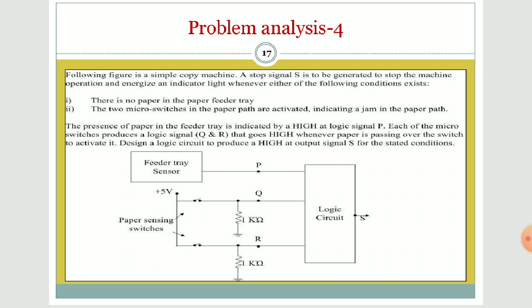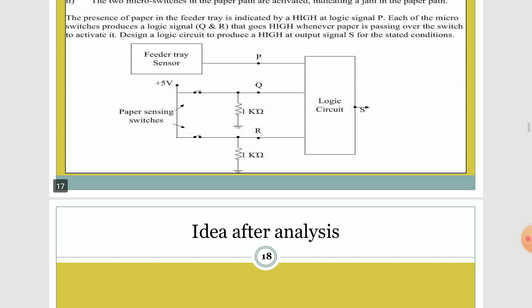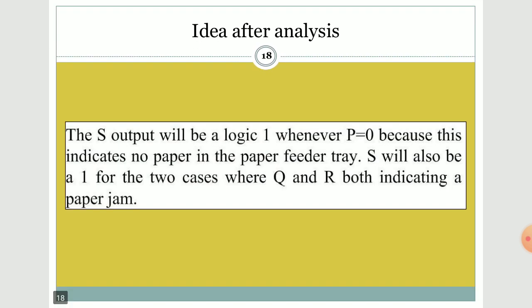So here we are pretty clear that the S output will be logic 1 whenever P equals 0. Here P equal to 0 represents there is no paper in the paper feeder tray, and S will also be 1 for the case where Q and R both indicate a paper jam. This is our analysis.